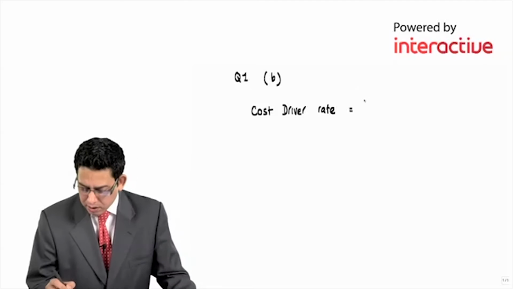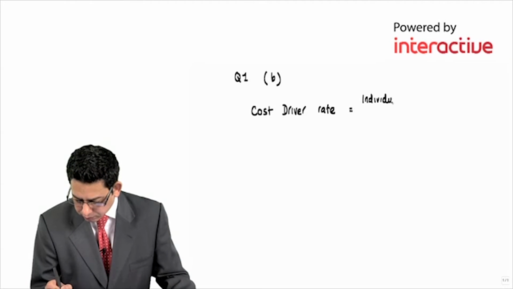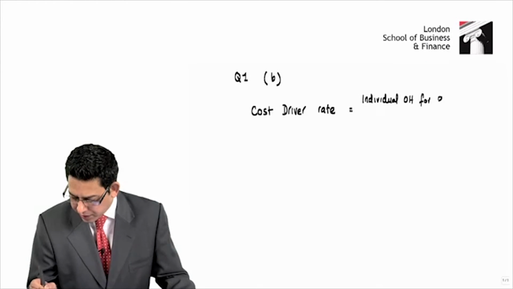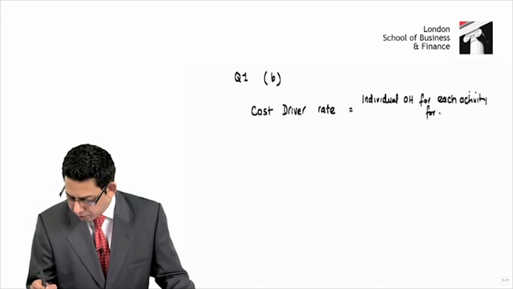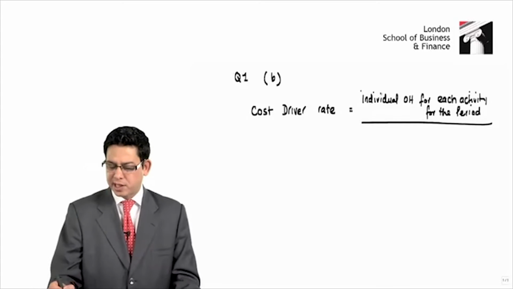Based upon this, we look into the individual overheads for each activity for the period. Normally it is given as a year, but it could be given on a monthly basis as well.